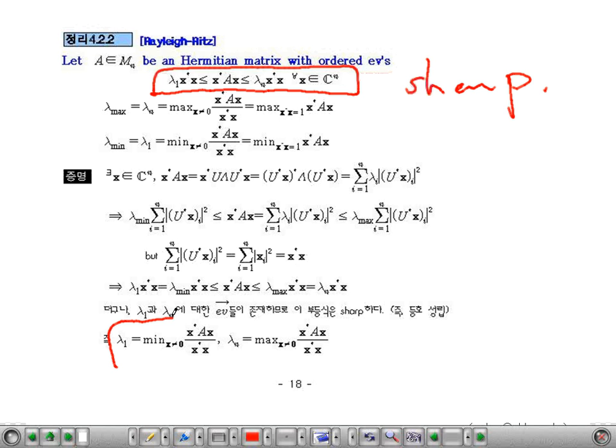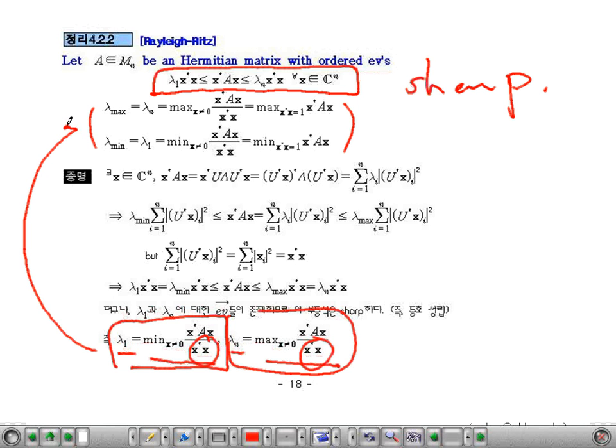So if you rewrite it, lambda 1 can be written as the minimum of this, and lambda n can be written in this way, because if we divide it, this gives us that. So for the Hermitian matrix with real eigenvalues, the smallest and largest eigenvalue have a very important meaning.